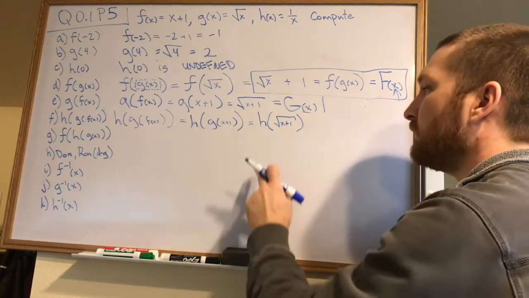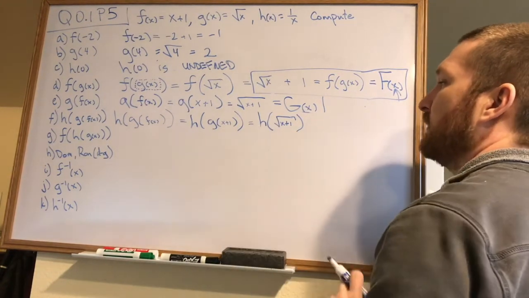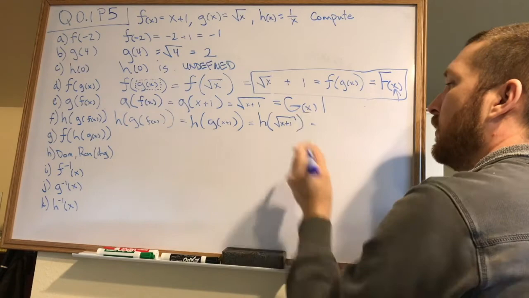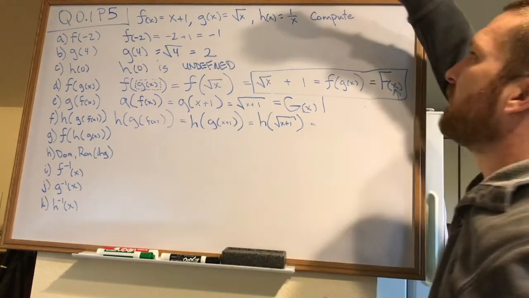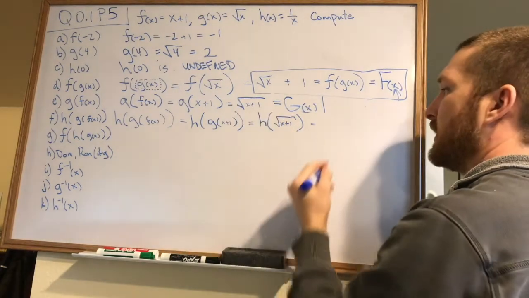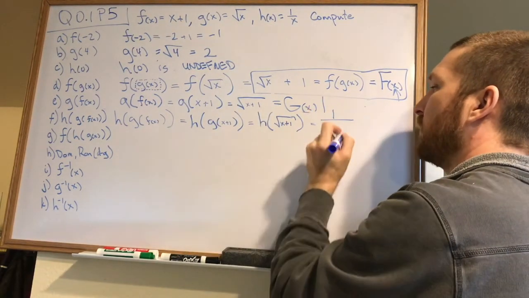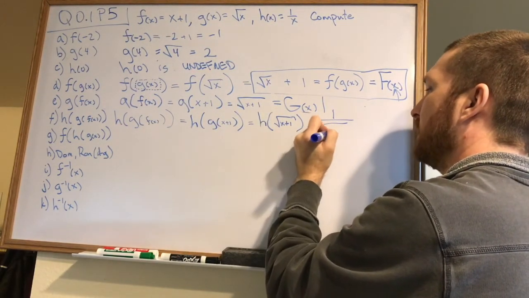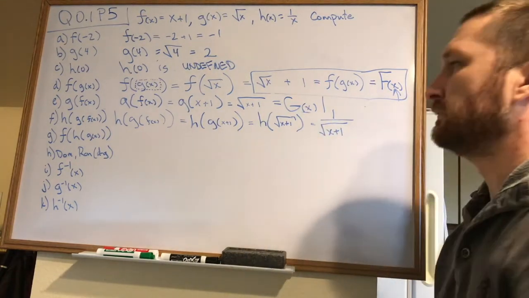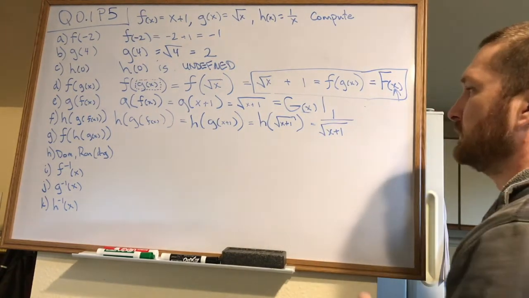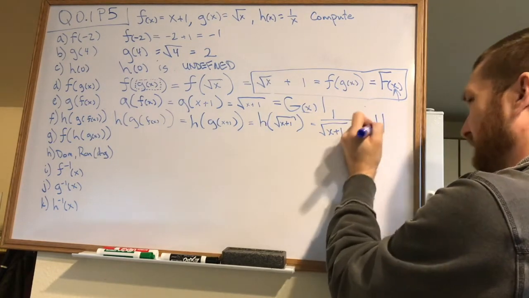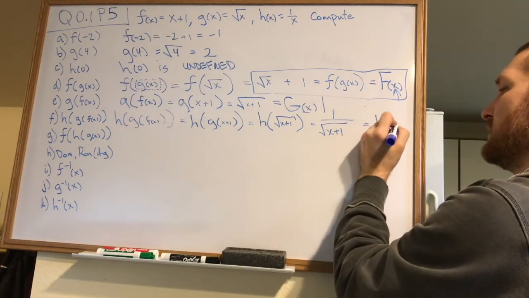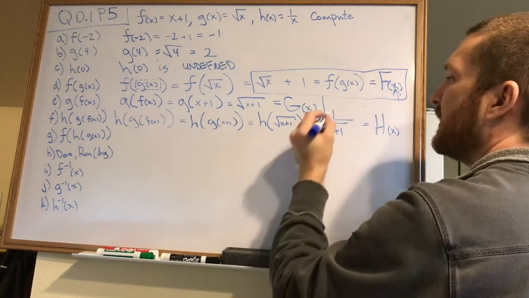Okay. H of square root of x plus 1. Well, H says you take whatever's in there, go 1 over that amount. So I'm going to say, okay, 1 over the square root of x plus 1. Right, there you go. And again, if we wanted to, we could call this some new function, h of x, if we were so inclined.